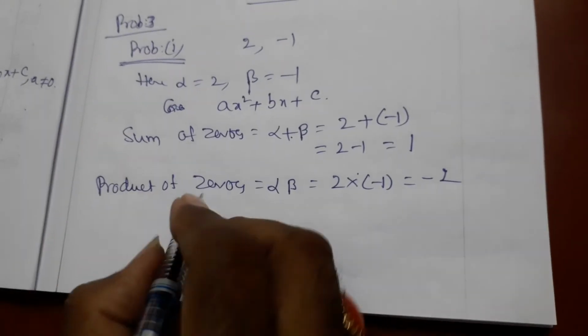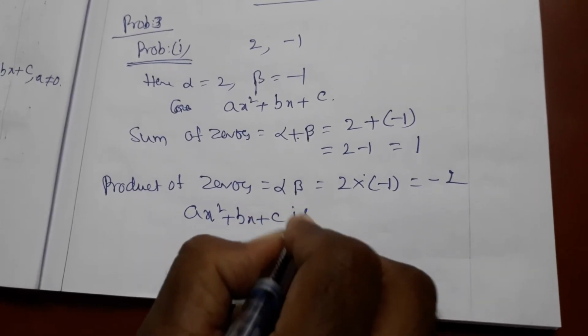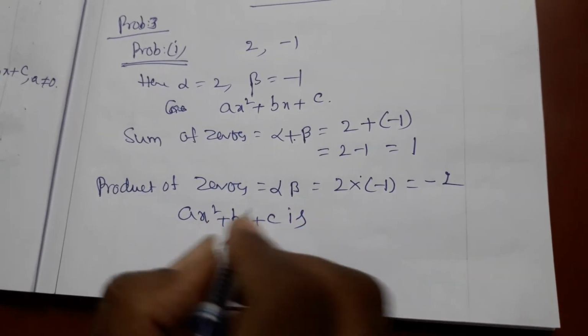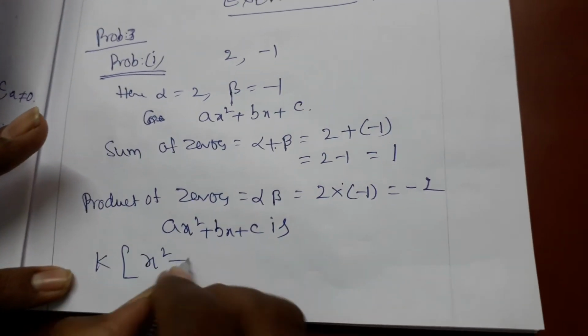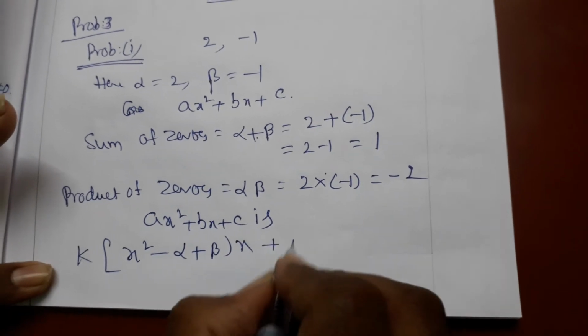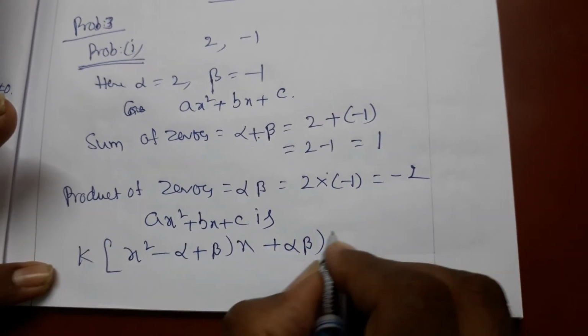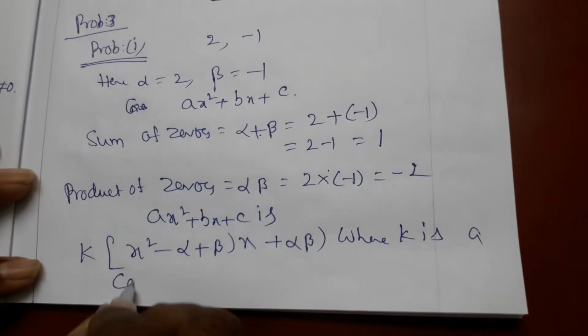Therefore, the quadratic polynomial ax square plus bx plus c is some k into x square minus alpha plus beta into x plus alpha beta, where k is a constant.